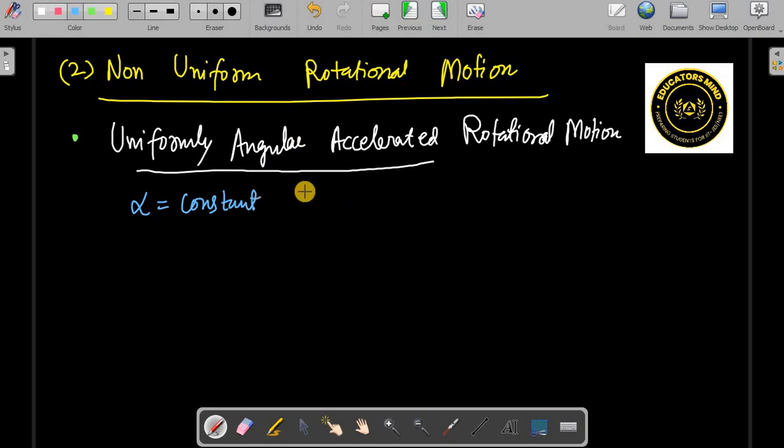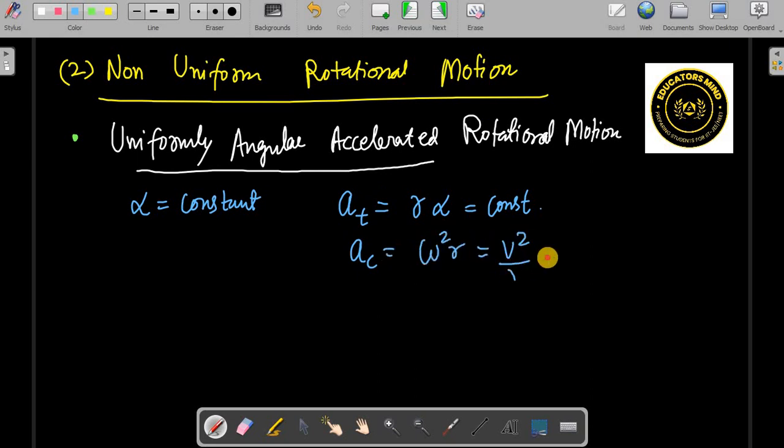Alpha is constant, and if you see the magnitude of tangential acceleration, of course, r into alpha, that is also going to be constant in magnitude. Of course, the tangential acceleration keeps on changing direction, but magnitude will be constant. Or you can say the centripetal acceleration, which is omega square r or v square by r, this is also going to be constant in magnitude, of course. Magnitude, right? Direction is changing.